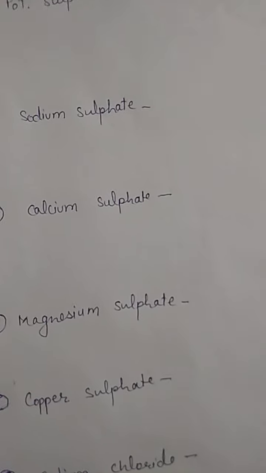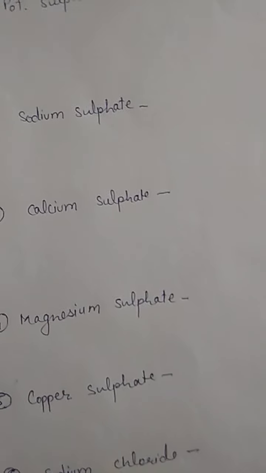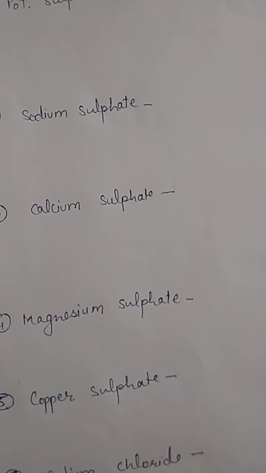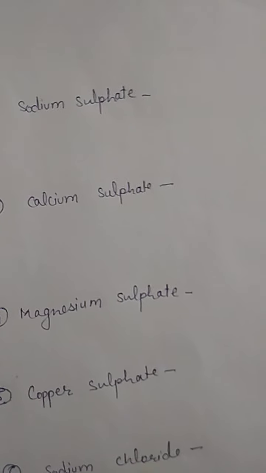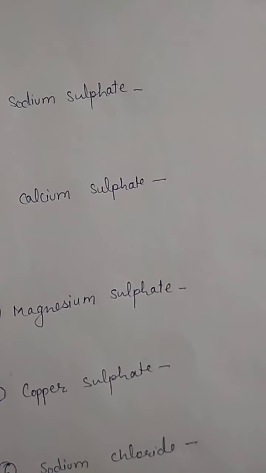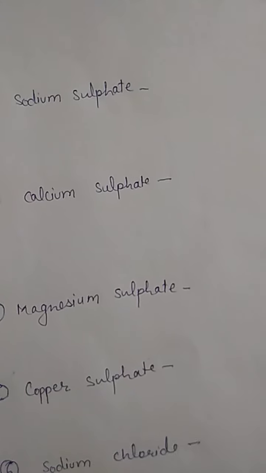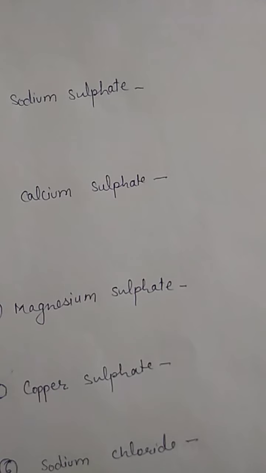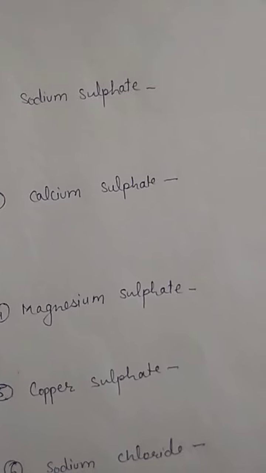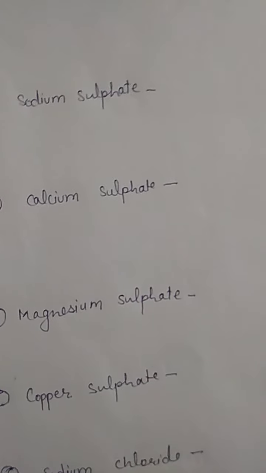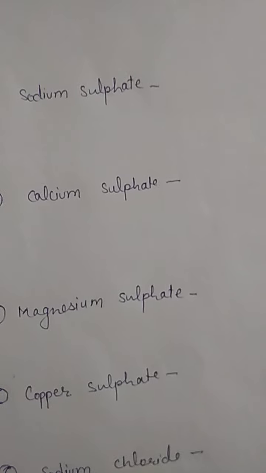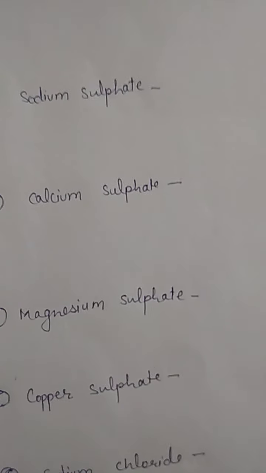For example, NaCl and Na2SO4, that is sodium sulfate, belong to the family of sodium salts. Similarly, NaCl and KCl belong to the family of chloride salts. So after writing all these formulae, you will also tell to which family these salts belong and how many families are there.